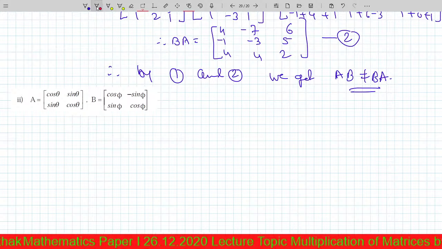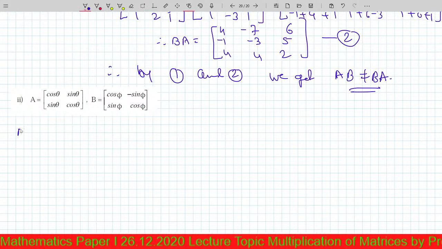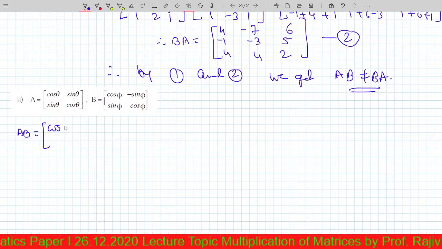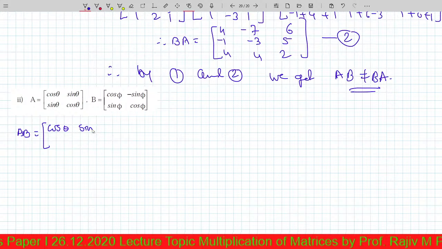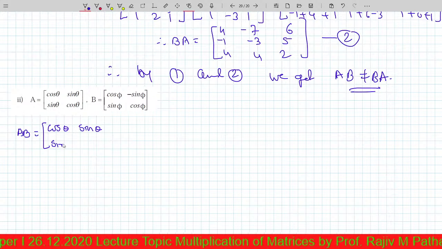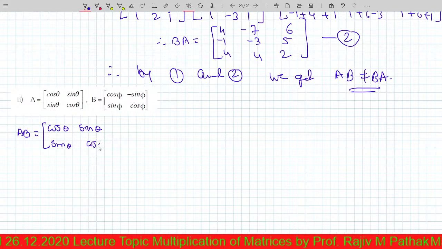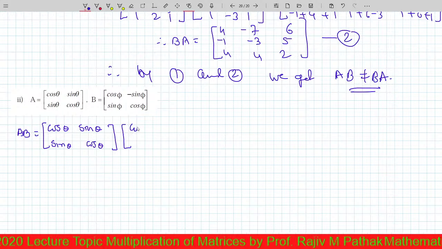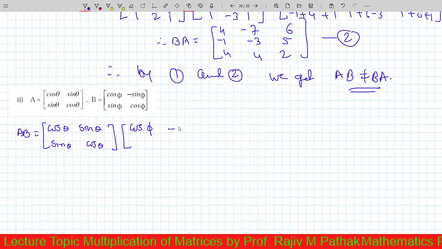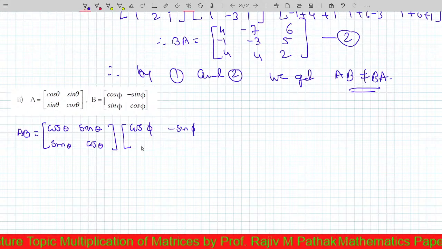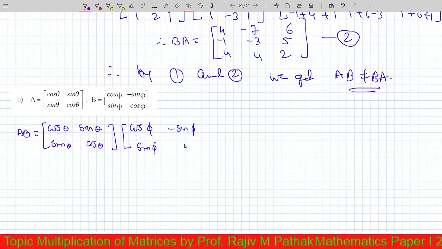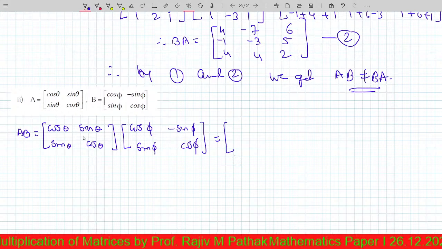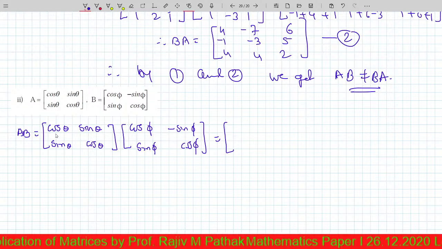So here you compute AB. So cos theta, sin theta, sin theta, cos theta, and B is cos phi, minus sin phi, sin phi, cos phi. Okay, perform the multiplication. Again, first row with first column.